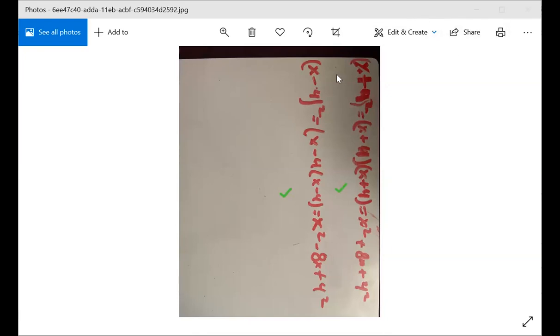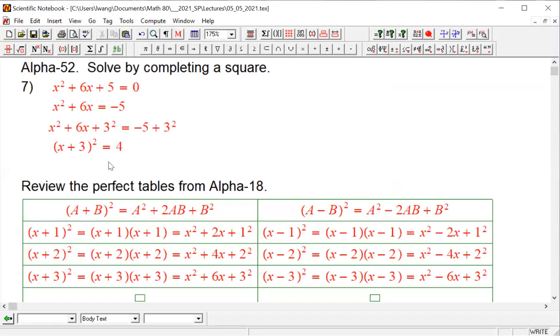Let's go back to where we were. For this particular situation, we're adding 3 squared because we chose 6, half of 6 is 3, and we added 3 squared. Got it? After we get to this point, we're taking the square root on both sides.